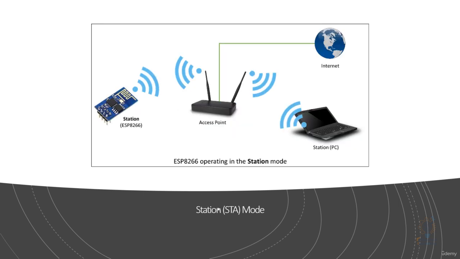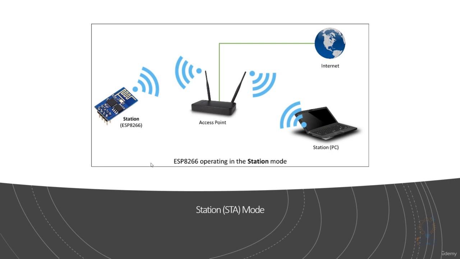While in station mode, the ESP has to connect to the access point to access the internet. Otherwise, it won't be able to access the internet, and it cannot create its own network. So the laptop can't connect to the ESP network directly because it doesn't have any.